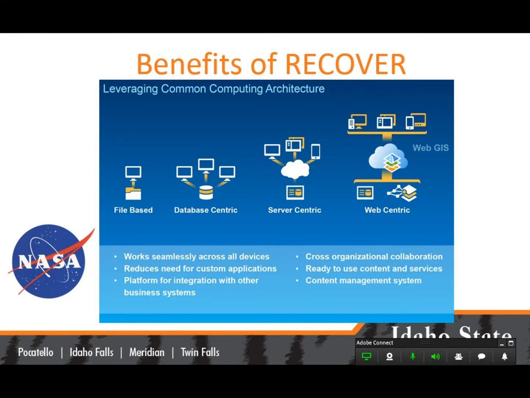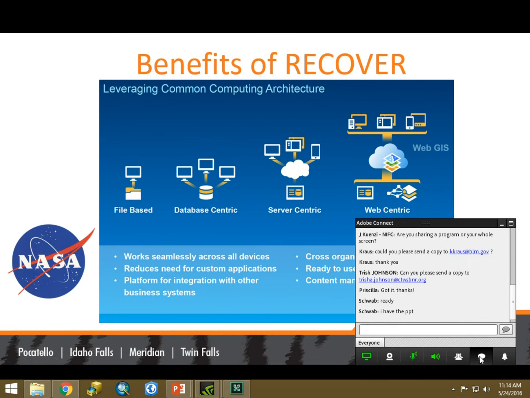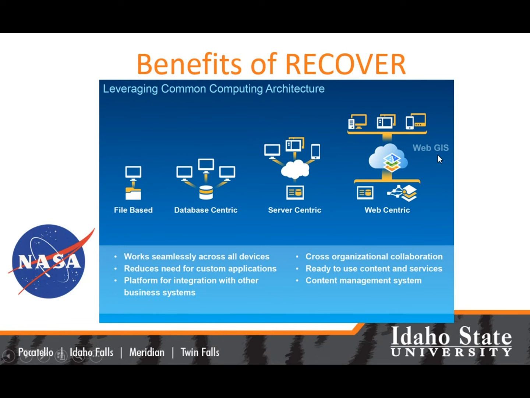Okay, so we're going to talk now about the benefits of RECOVER, and what I specifically want to draw folks' attention to is this one right here, cross-organizational collaboration. That's one thing that RECOVER is very, very good at.